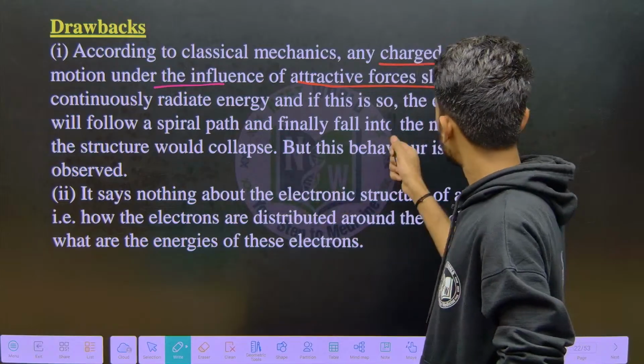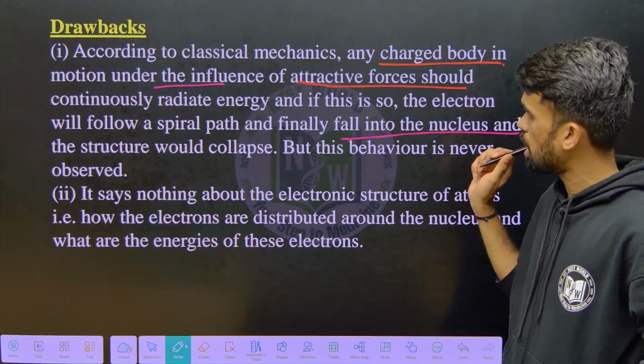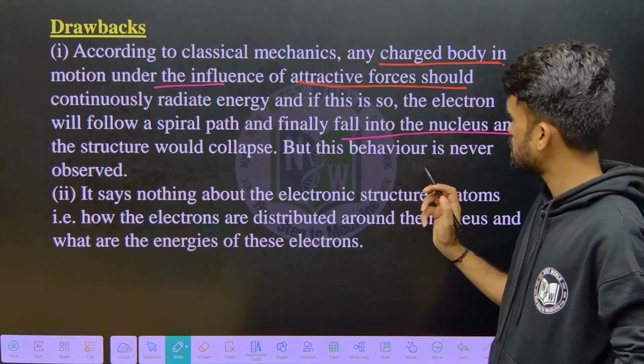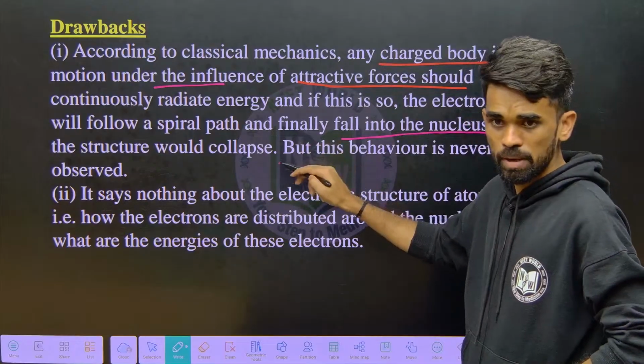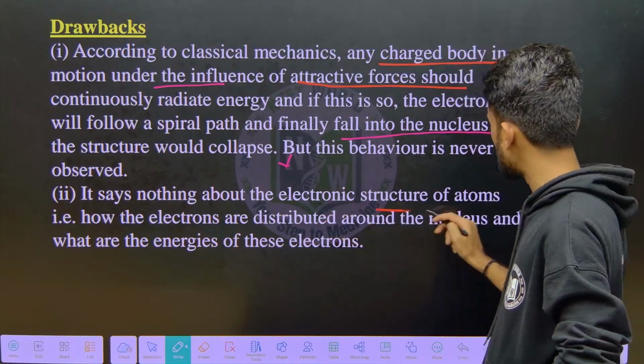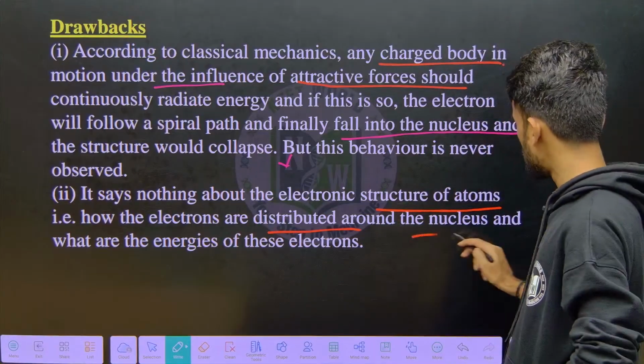So the electron follows a spiral path and finally falls into the nucleus. The atom should collapse, but it is not happening. That is one drawback. Second drawback: it says nothing about the structure of atoms, how electrons are distributed around the nucleus.